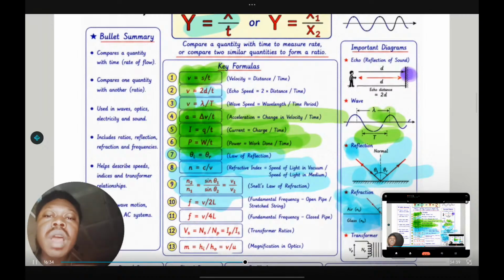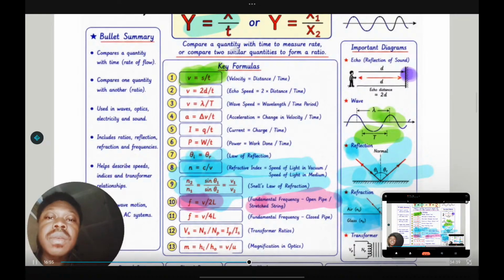And then I will move you now straight to fundamental frequency in open pipe and closed pipe. You can see it's still the same structure. Once you understand this, velocity equals distance over time, which is wave speed. Velocity equals wavelength over period. You can bring in frequency to this.